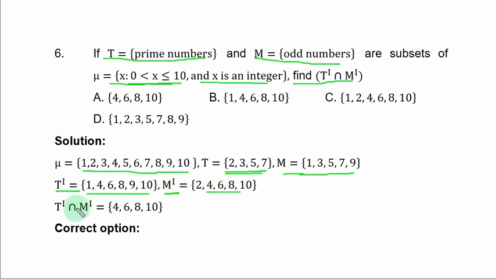So the intersection of T complement and M complement is what both sets have in common, and you have 4, 6, 8 and 10. So by this we have A is the correct option.